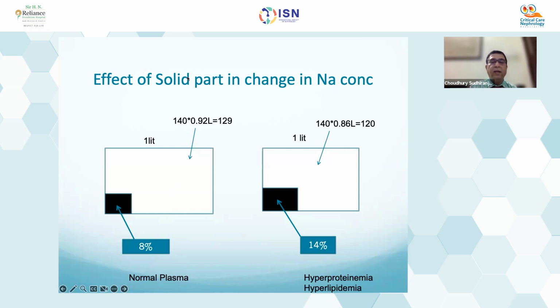When we were earlier using a test called flame photometry, it could not differentiate between the solid phase and the aqueous phase. Nowadays, the investigation used for sodium concentration determination is ion specific electrodes.